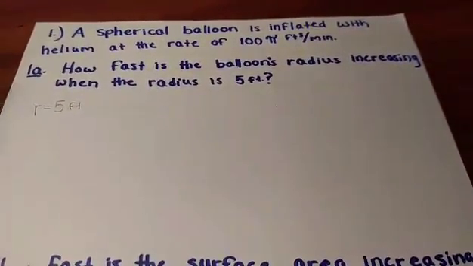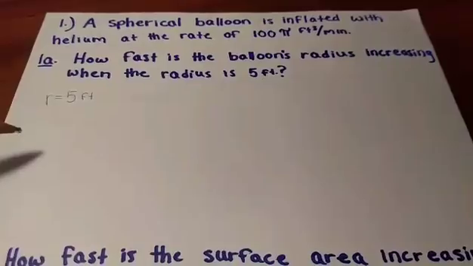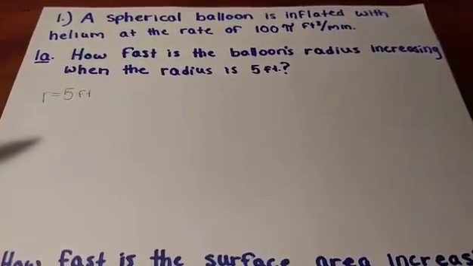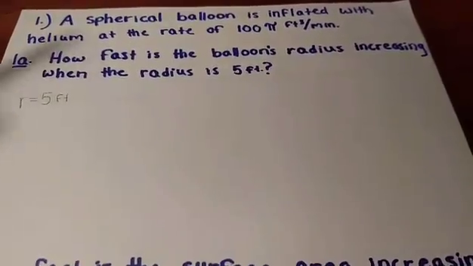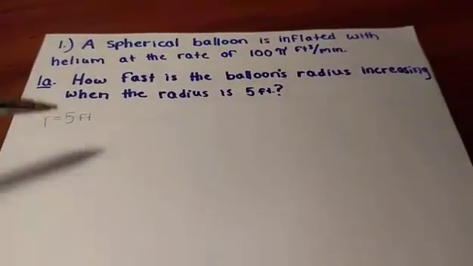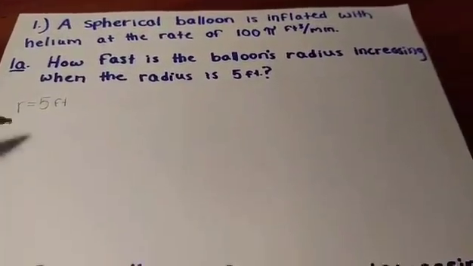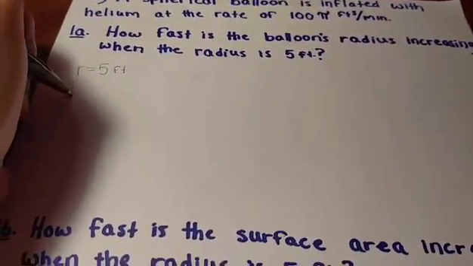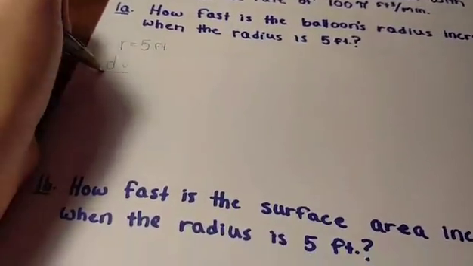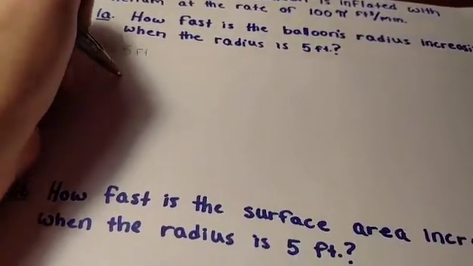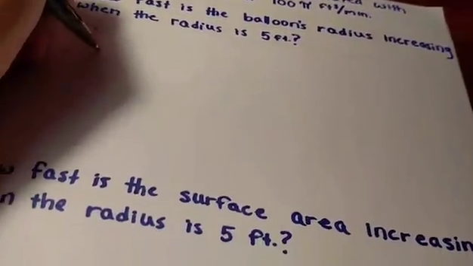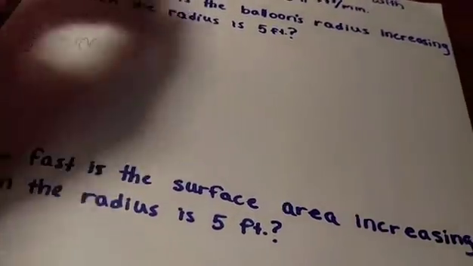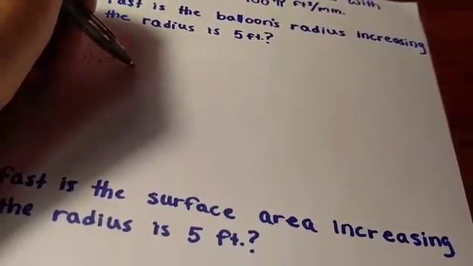So whenever we have a rate, we have to write something like d. For this one, I would do dV over dt because your volume is changing. So dV over dt rather than just V, because when V is changing, you can't just write V equals 100 pi. So dV over dt equals 100 pi feet cubed per minute.